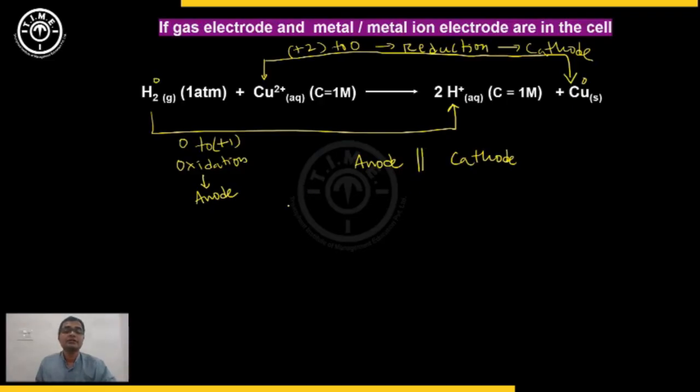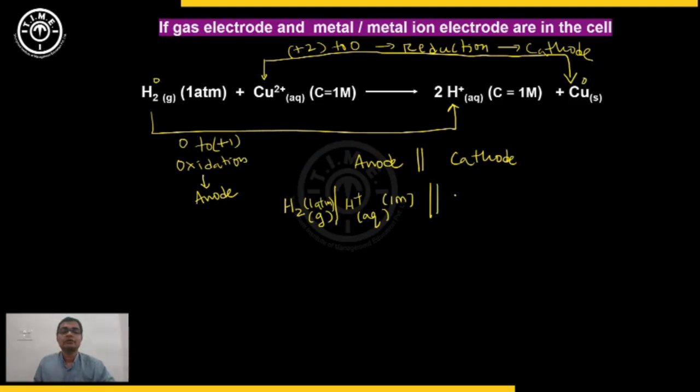Now the anode reaction: if you see here, hydrogen is in gas state. Pressure is given here, 1 atmosphere, mentioned in a small bracket. Next, H+ ion, mention its physical state. The concentration of H+ ion is C equal to 1 molar, and two vertical parallel lines.